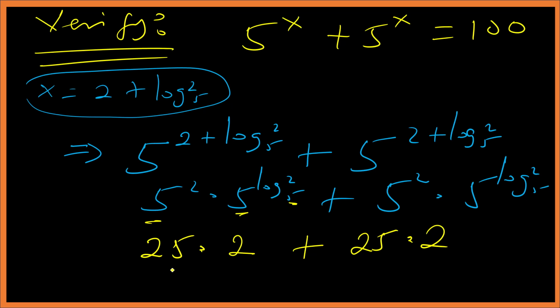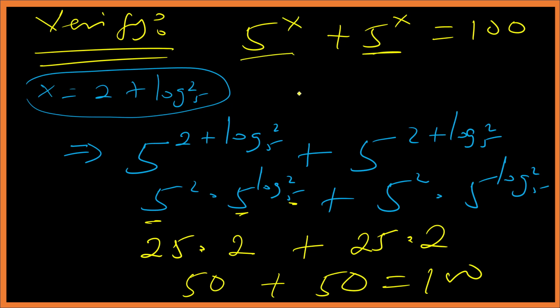So this side will be 50 plus 50, which is 100, hence proved. So the correct answer for this is x equals 2 plus log 2 to base 5.